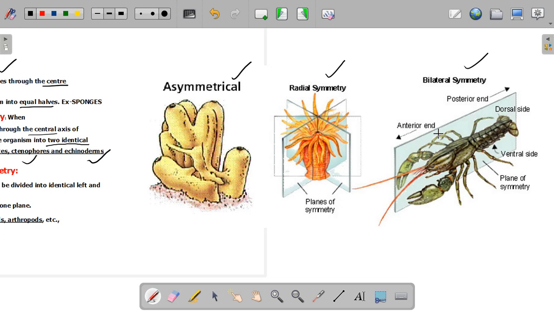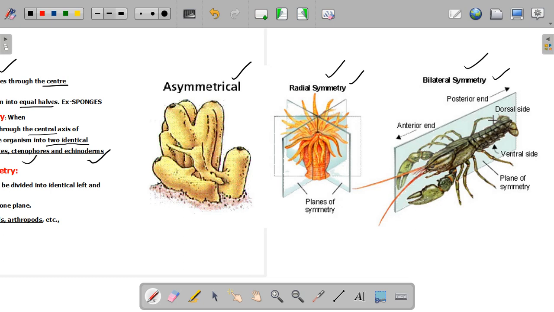In radial symmetry, no matter whatever the plane, turn the organism into different postures and then cut them, you can get two equal halves. But it's not like that in bilateral symmetry. Bilateral symmetry means you need to cut the body touching the center only one way, then only you'll get left and right parts. If you take another plane, then you'll not get the right and left parts of the body.